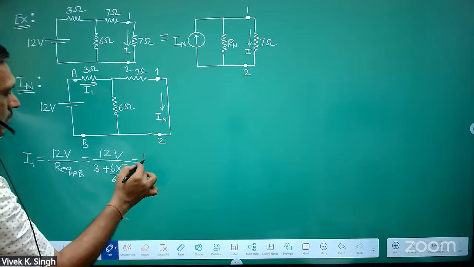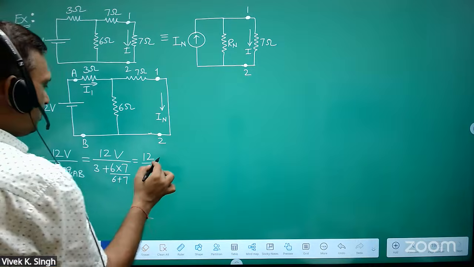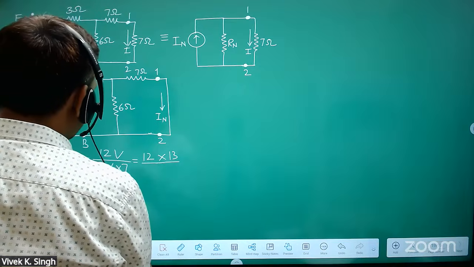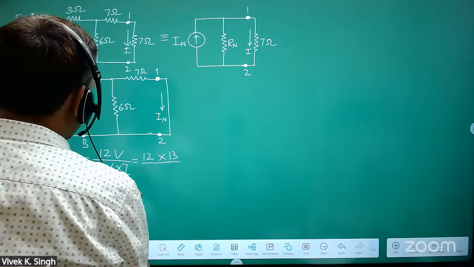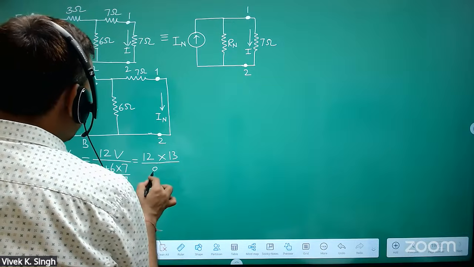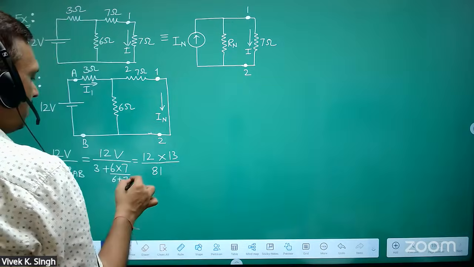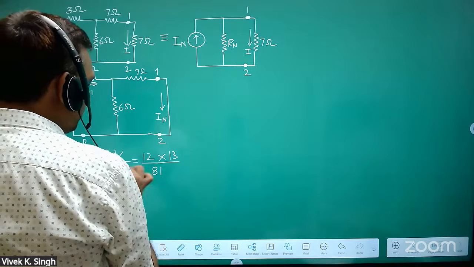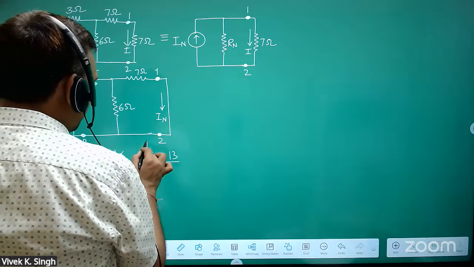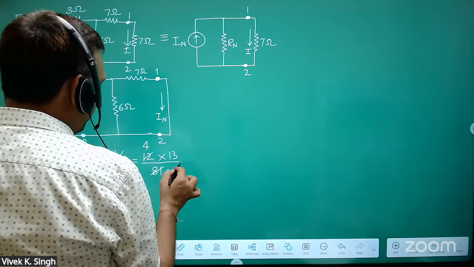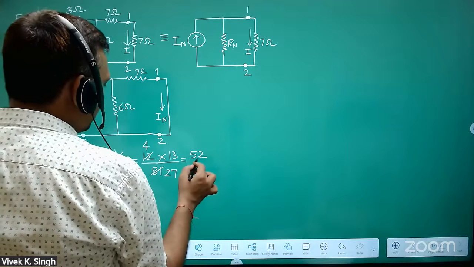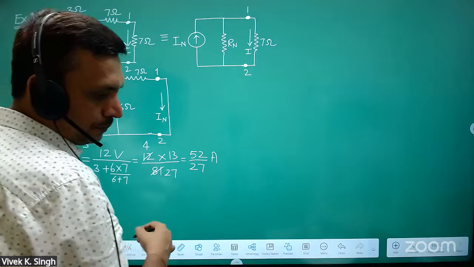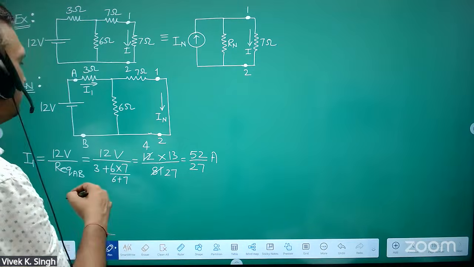This is 12 into 13, 39 plus 42 is 81, 27. 52 by 27 ampere. So that will be I1.